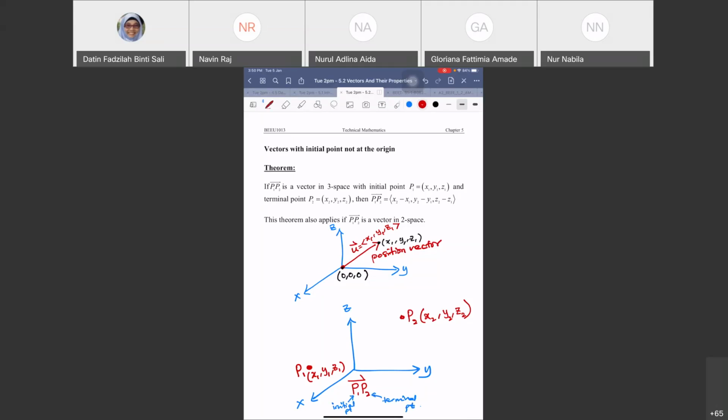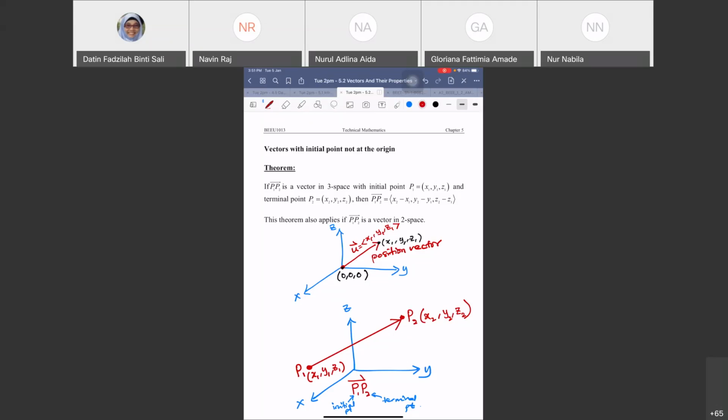So when you draw a vector, a straight line with an arrow, the tip of the arrow is the terminal point.